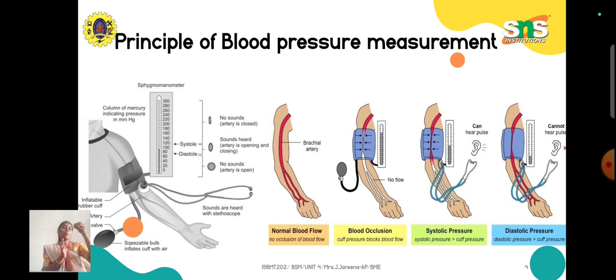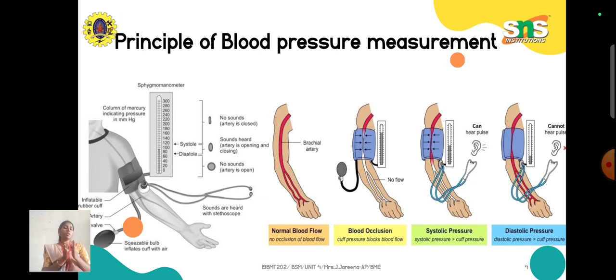Initially you heard one sound, that is the systolic pressure. As you keep on releasing, at one point you will no longer hear the sound; the sound stops. That point is the diastolic pressure. It means your blood vessels are relaxed and regain their original shape and size.